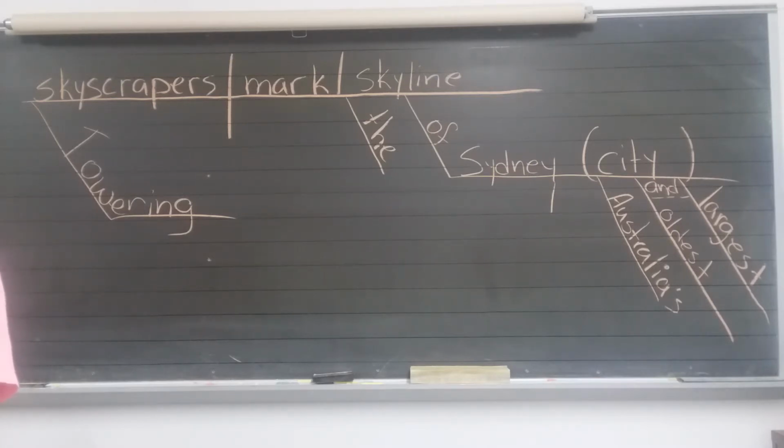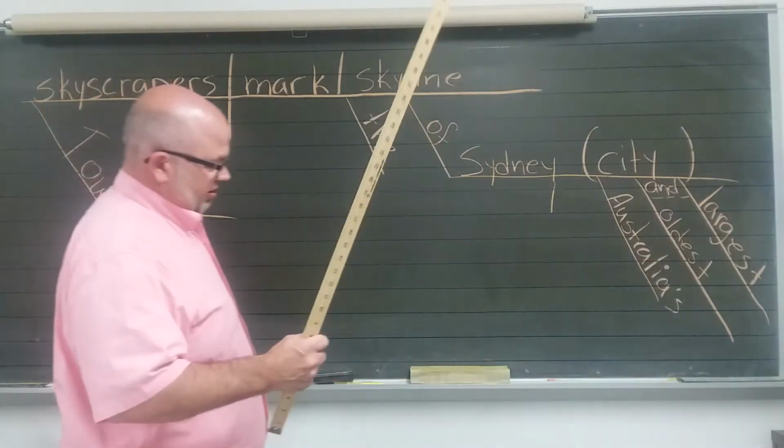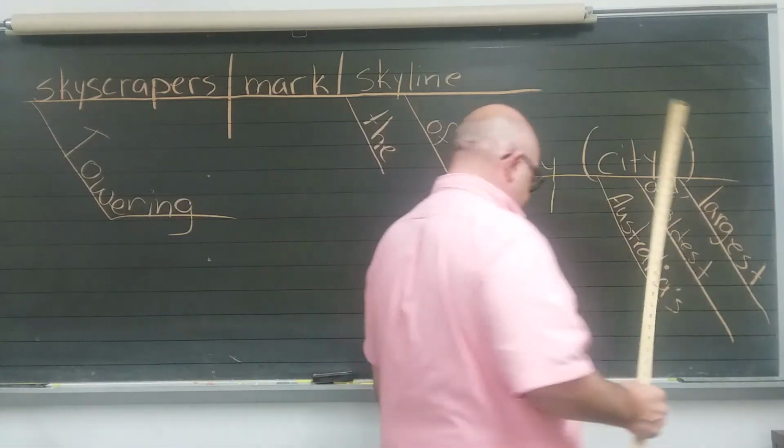Fascinating. There was a participle, fascinating, on the diagram in number 26. So beware of them. Participles are maybe the easiest things to miss on a diagram.